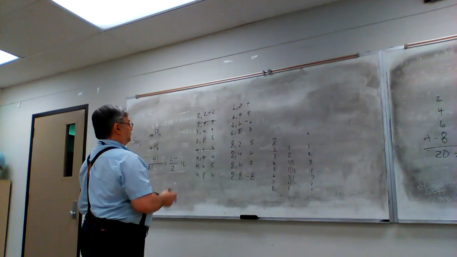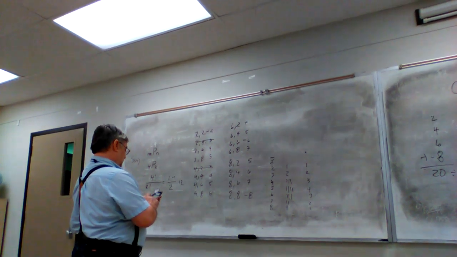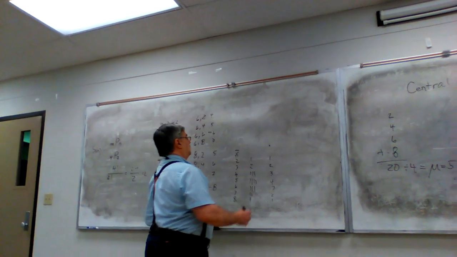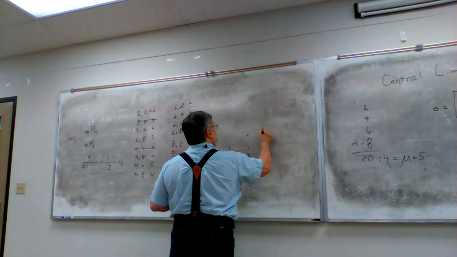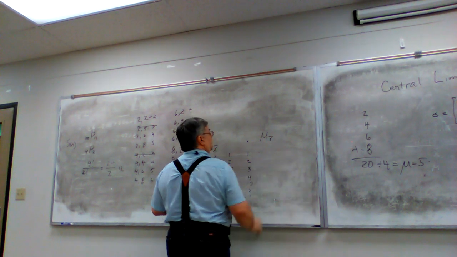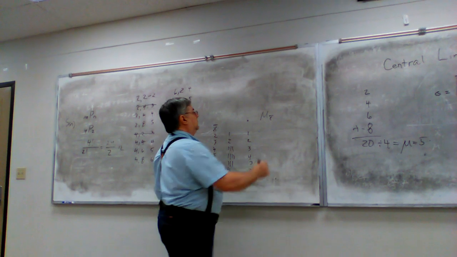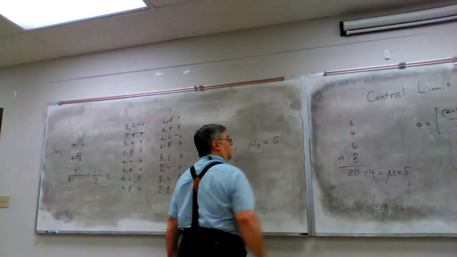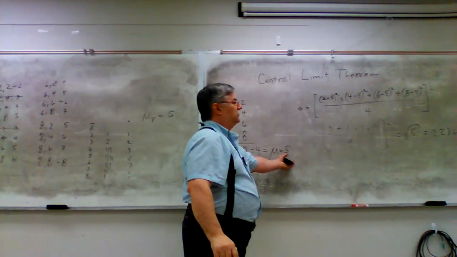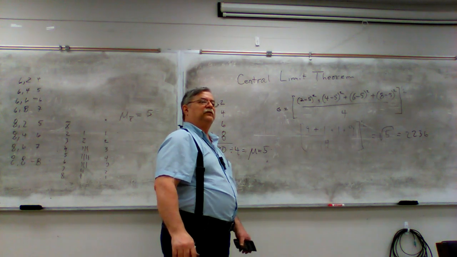Divide by, what did we say, 16? Looky there. The mean of the means is equal to 5. Exactly what the original population mean was.